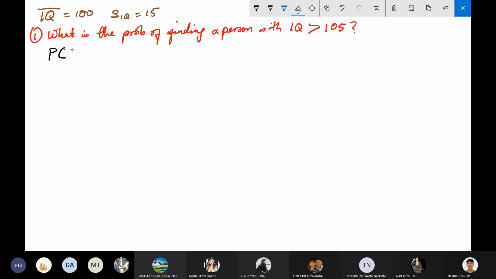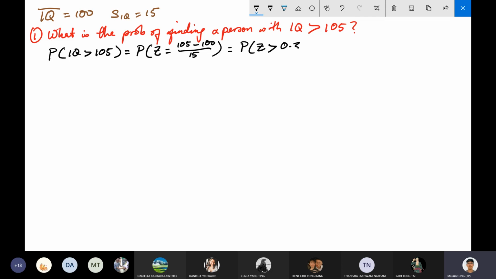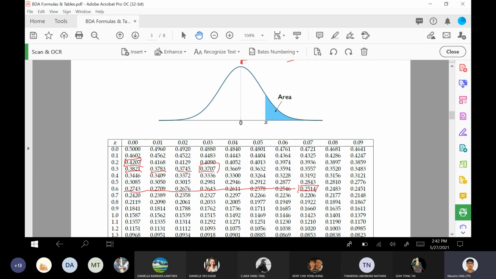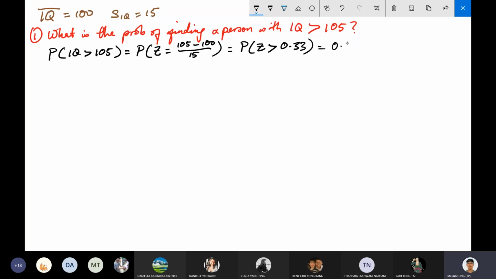So IQ above 105. So you convert back to your z-score, which is 105 minus 100 divided by 15. Okay, so here just now we already have Z is more than 0.33. And let's look back here, 0.33 is 0.3707.